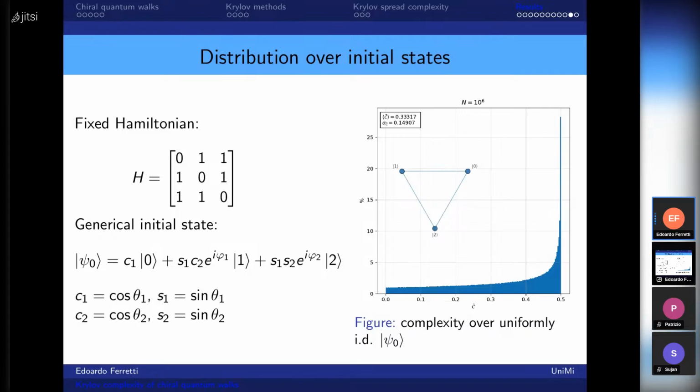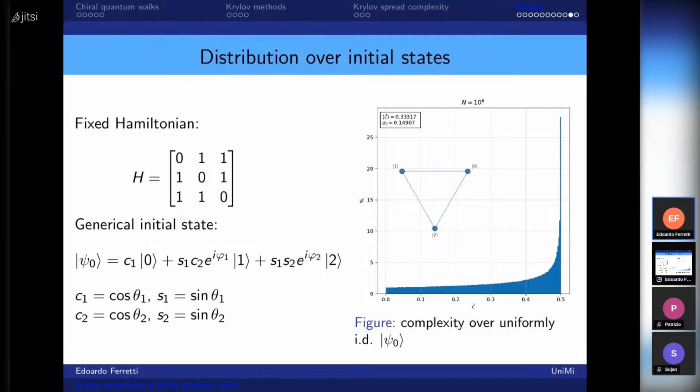And I studied the distribution of complexity given a uniformly distributed initial state. And this is the histogram.